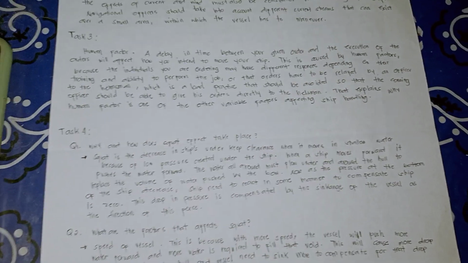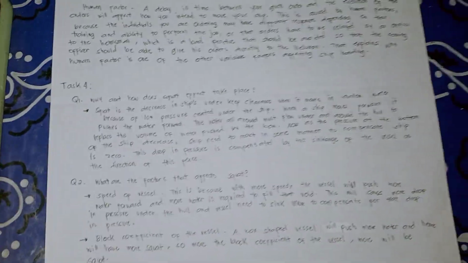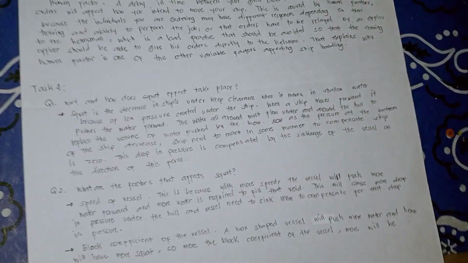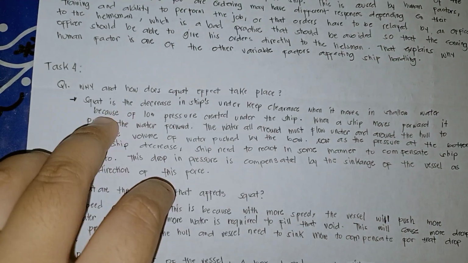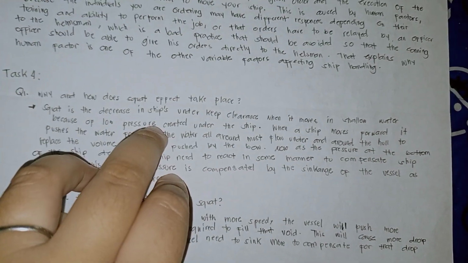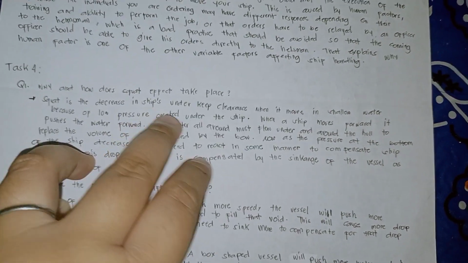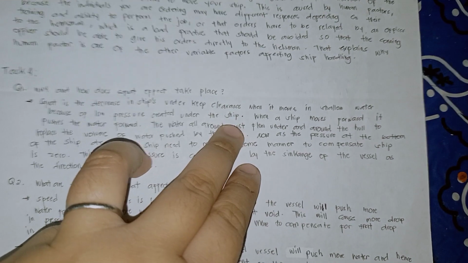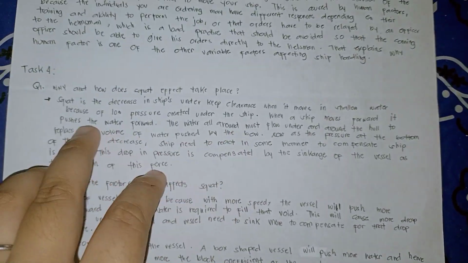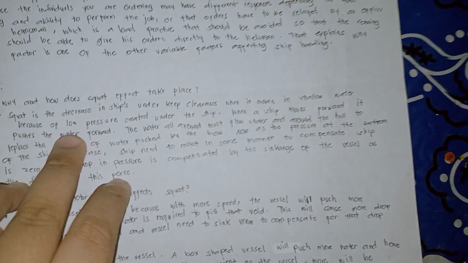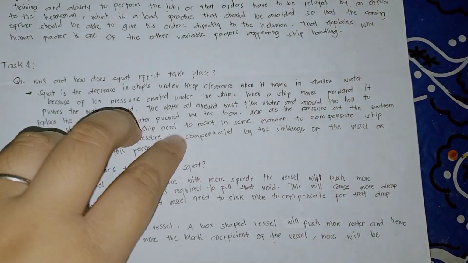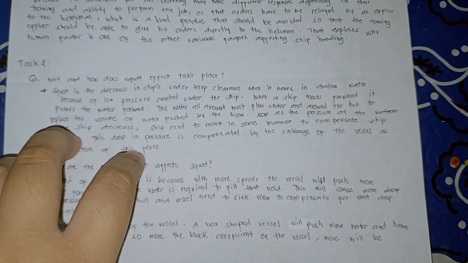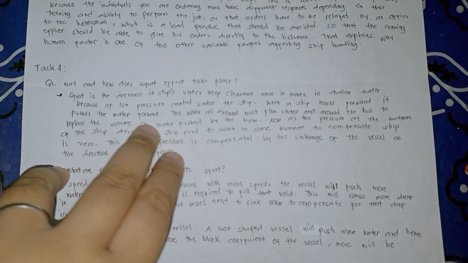I have 5 questions about squat effect. So we have question number 1, why and how does squat effect take place? Squat is the decrease in ship under keel clearance when it moves in shallow water because of low pressure created under the ship. When a ship moves forward, it pushes the water forward.